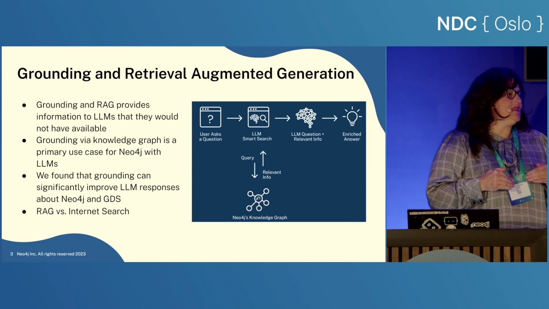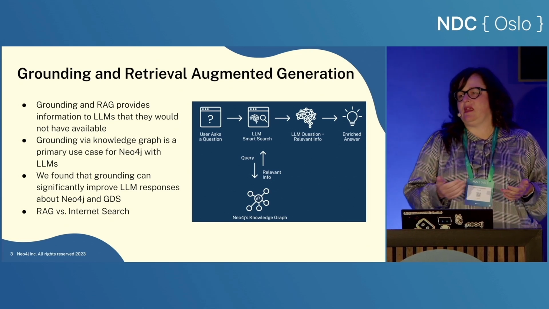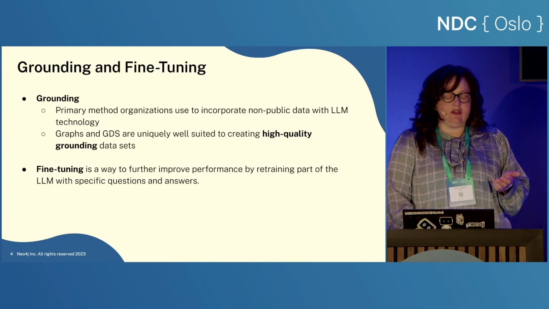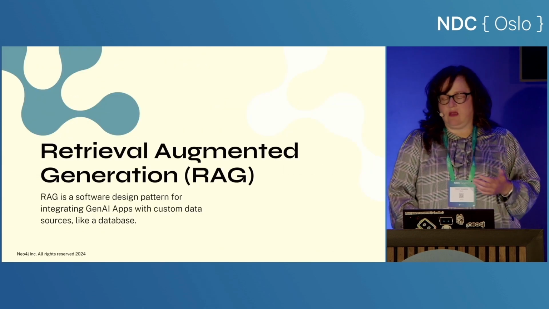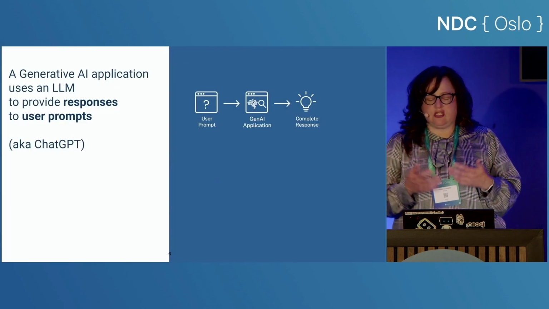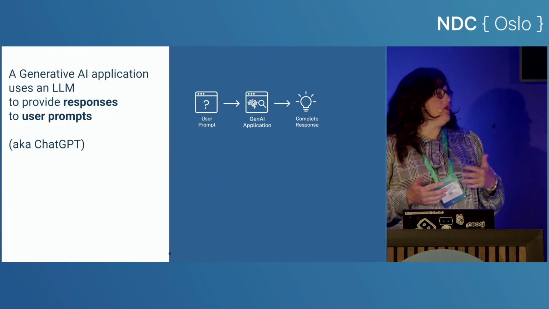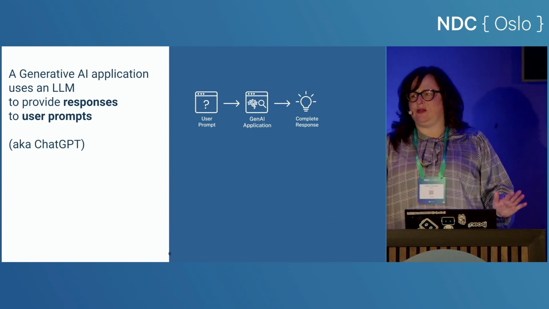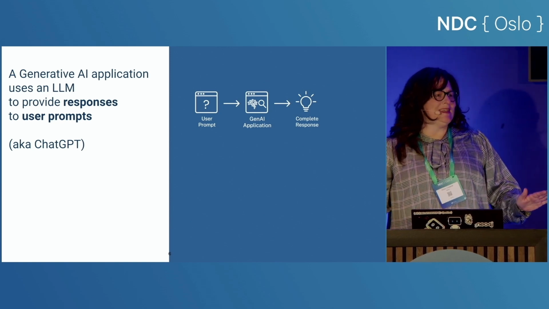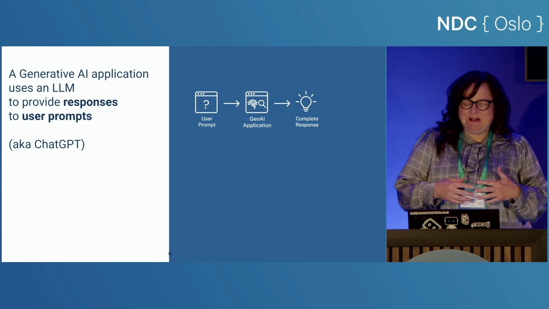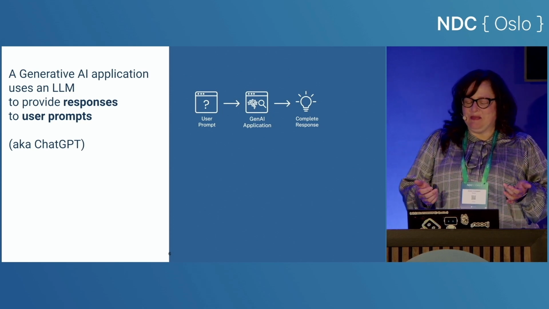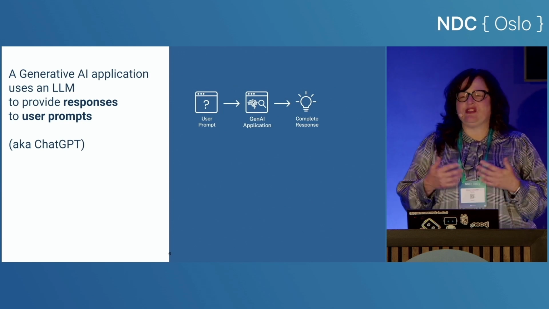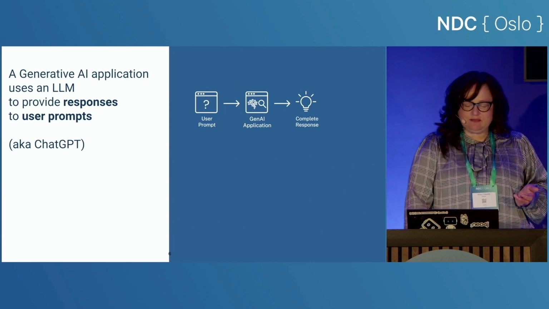So just as an overview, the grounding in your retrieval augmented generation. We'll dive into this in detail, but for those of you who may not be working with RAG applications, roughly what we're looking to understand is, when we're working with, say, ChatGPT, right now you have a user prompt. Everyone here has used ChatGPT or something similar, I assume, yes? Okay. So you put in the prompt, the GenAI application, whichever one you prefer, gives you an answer and you get a response.